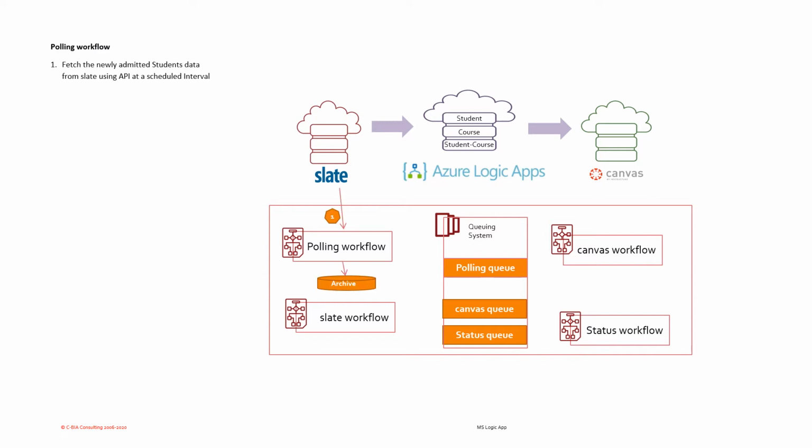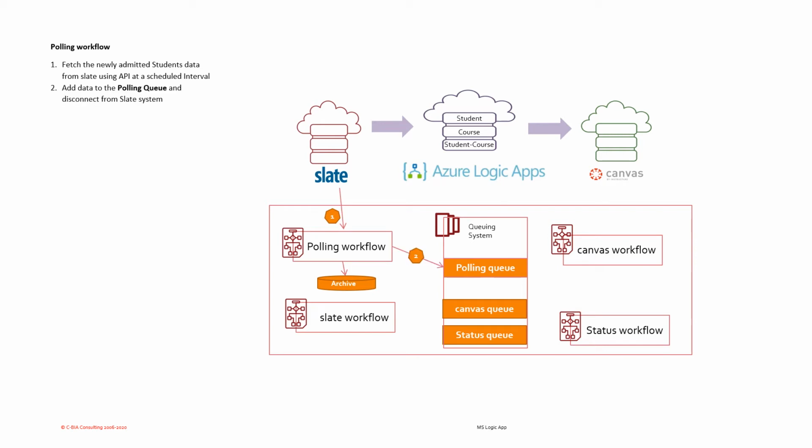So what happens in practice is that the system is designed to poll and fetch student admission data for new students using an API from the Slate system at a scheduled interval. This could be hourly, weekly, daily, whatever is appropriate for the organization. And that's the first workflow in our example here.